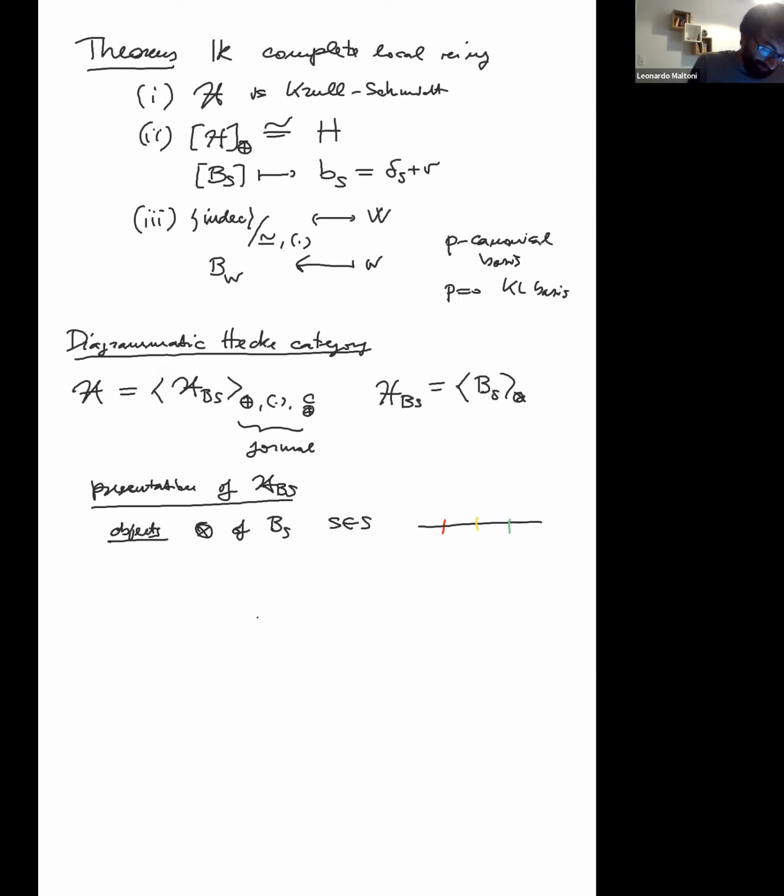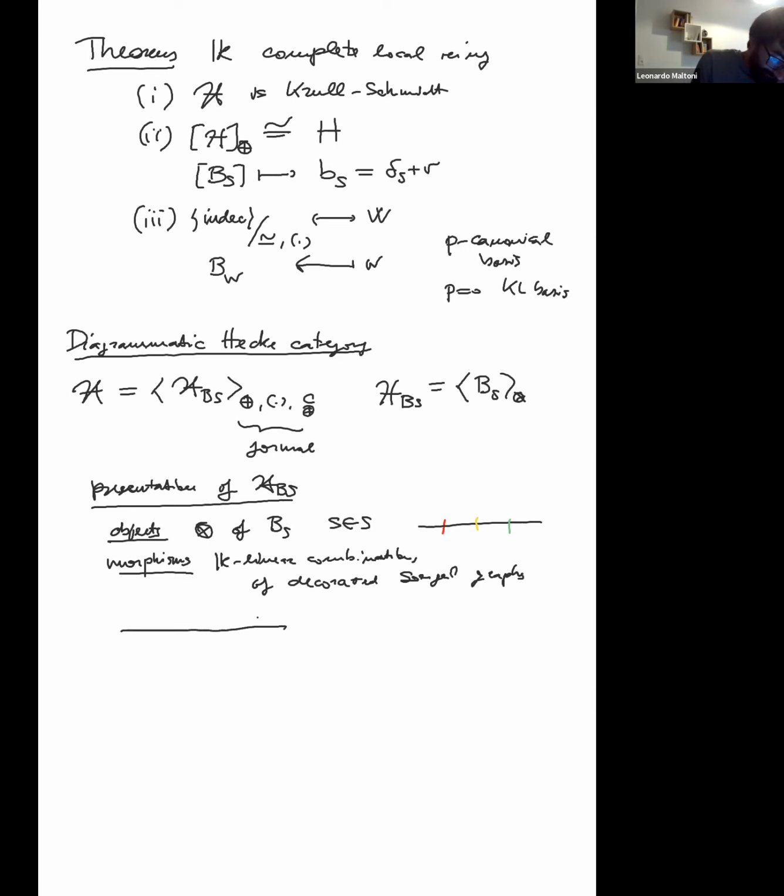And then morphisms are k-linear combinations of decorated colored graphs.